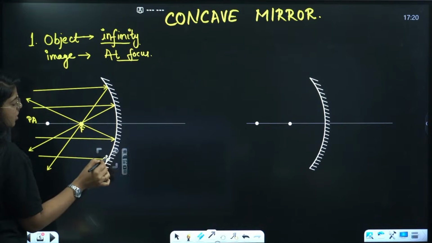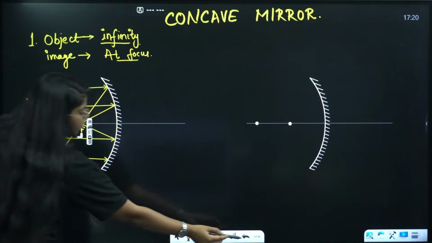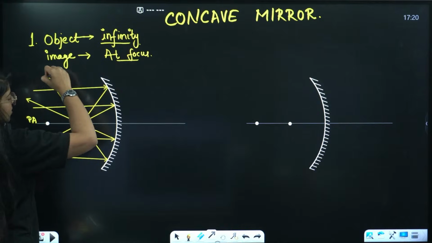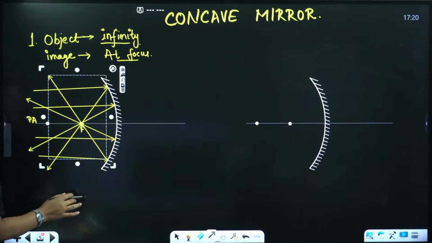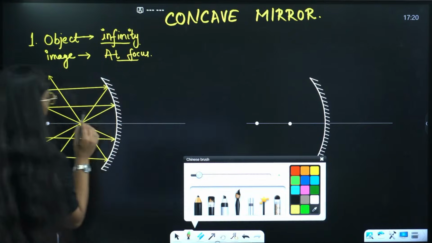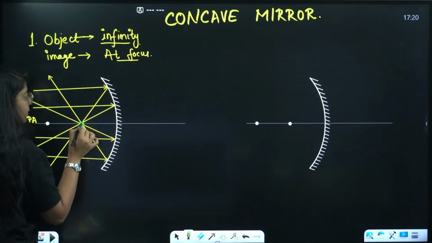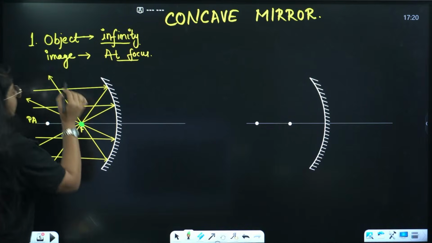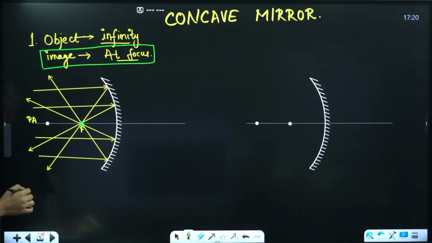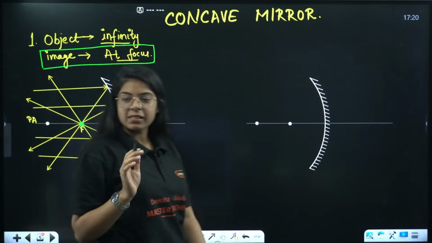You have to just pass the rays from focus. Every ray will pass through the focus. And hence the image is made at focus. This is your image. Did you understand this much?